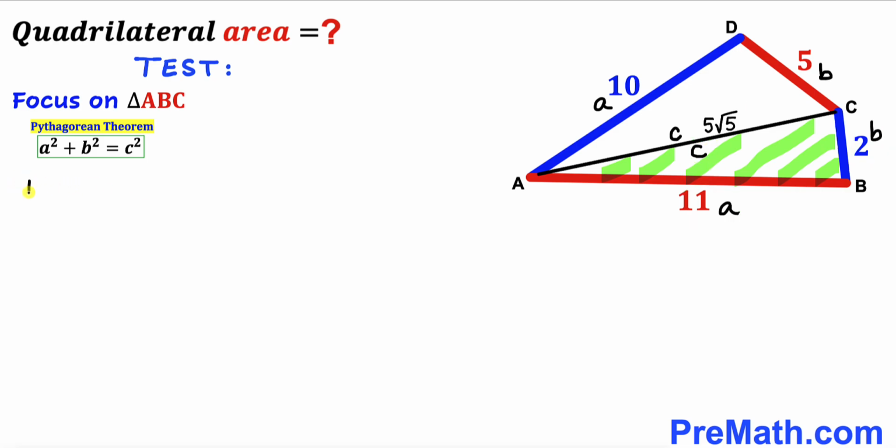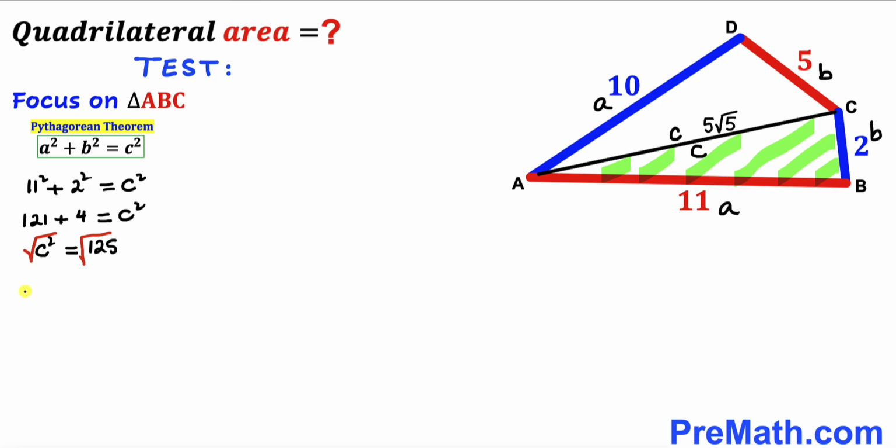Let's fill in the blanks. We have 11 squared plus 2 squared equal to c squared, so 121 plus 4 equal to c squared. So c squared is equal to 125. Now I'm going to undo this square by taking the square root on both sides.